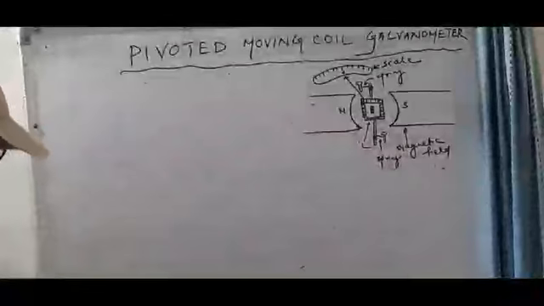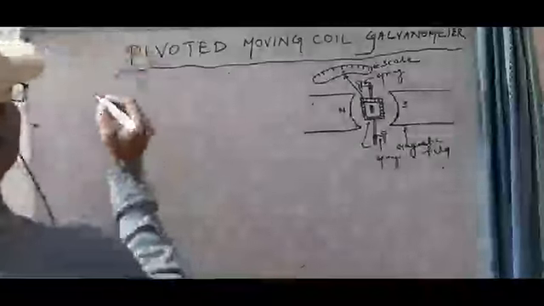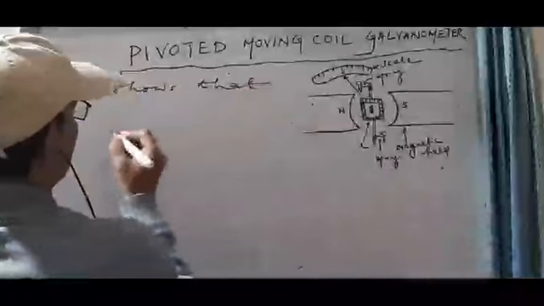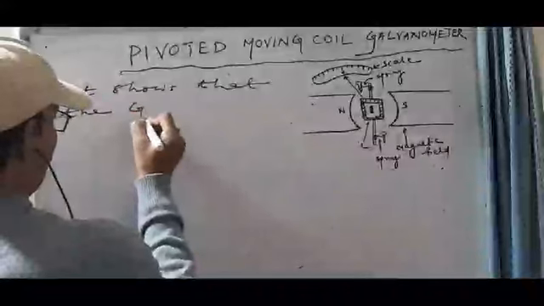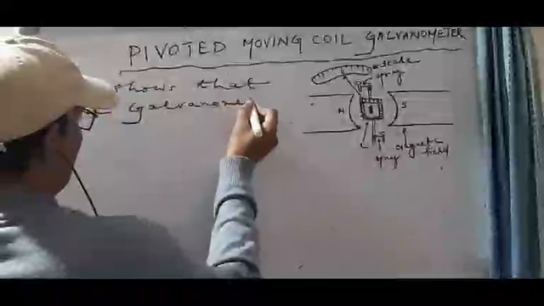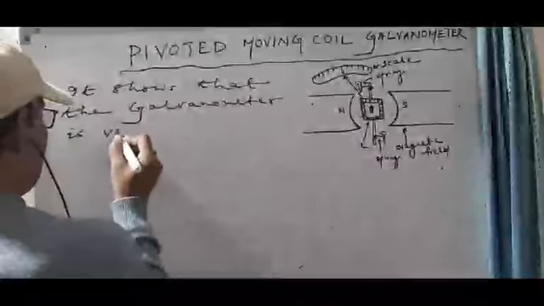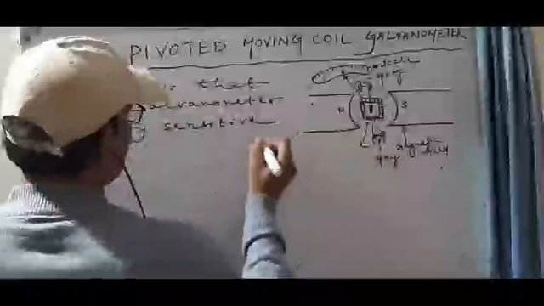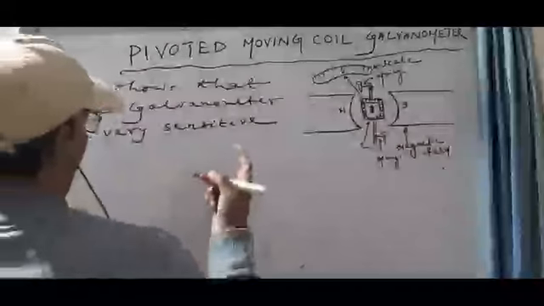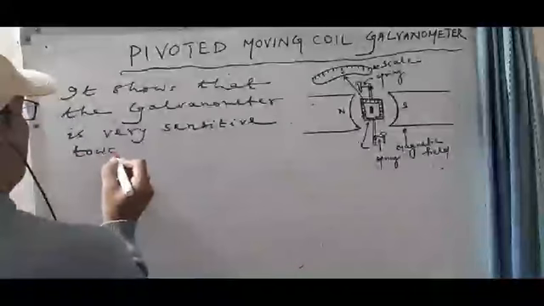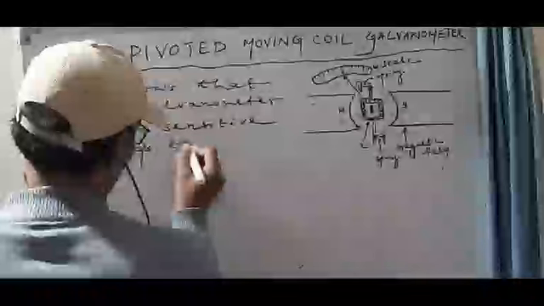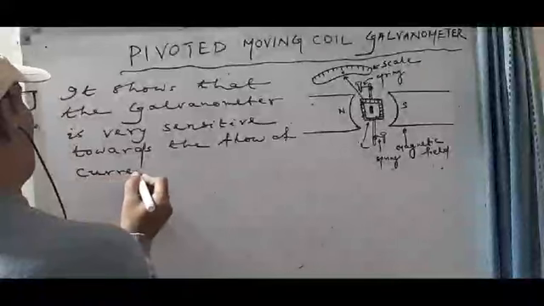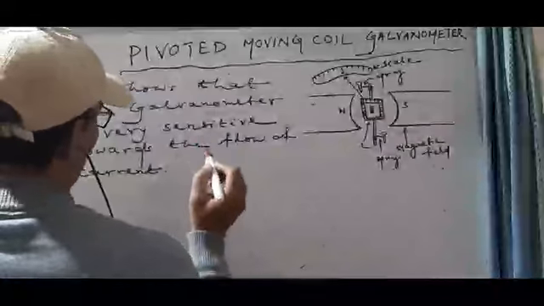Next, it shows that the galvanometer is very sensitive towards the flow of current.